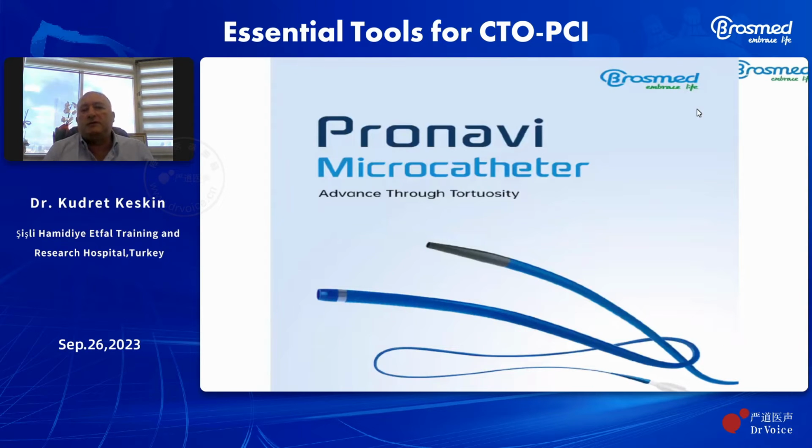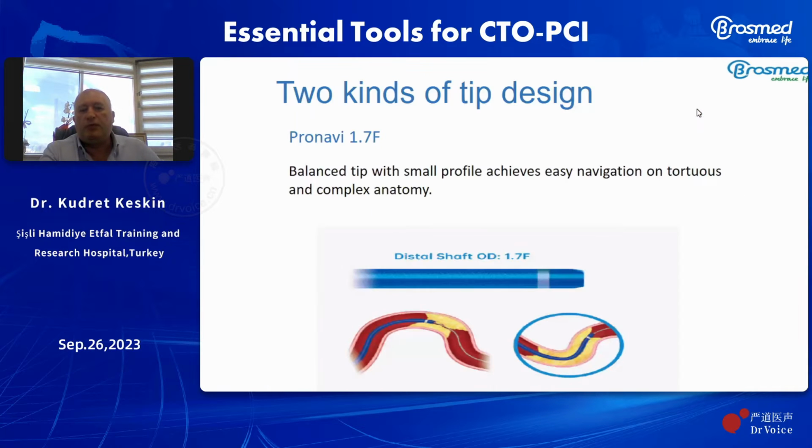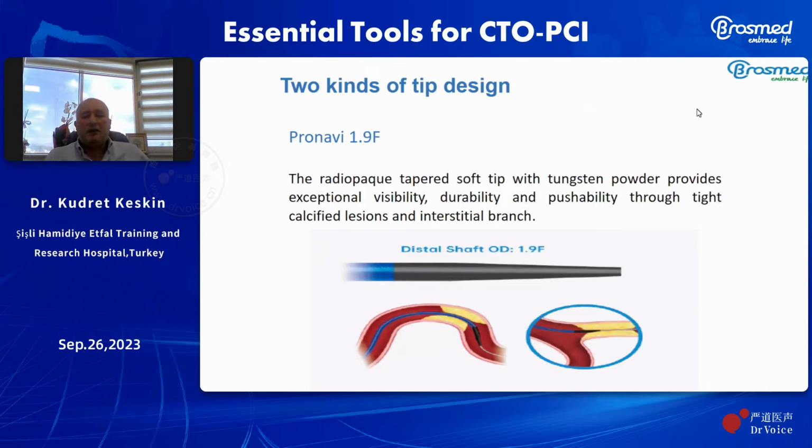The Pronavi microcatheter was manufactured by BrosMed, and there are two types actually: 1.7 French and 1.9 French. 1.7 French has a blunt, balanced tip with a small profile, achieving easy navigation in tortuous and complex anatomy. The other one is 1.9 French. It's a tapered tip, as you can see.